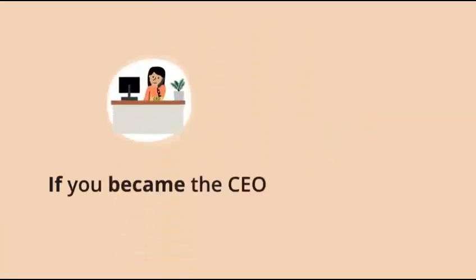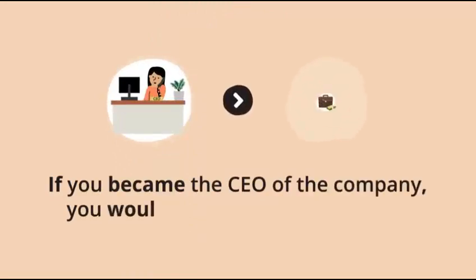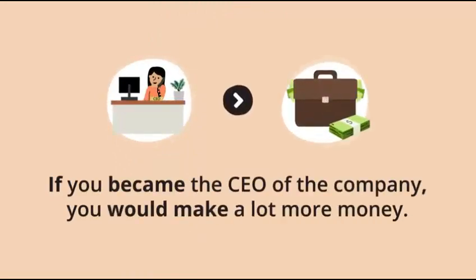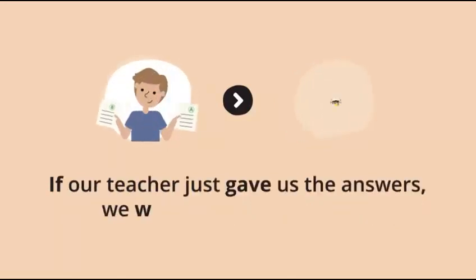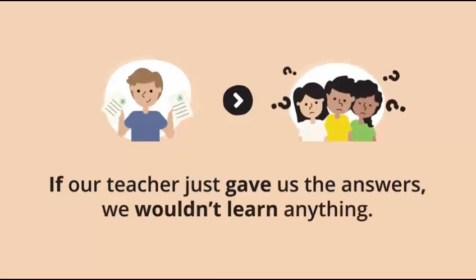Let's look at some more examples of second conditional sentences in English. If you became the CEO of the company, you would make a lot more money. If our teacher just gave us the answers, we wouldn't learn anything.